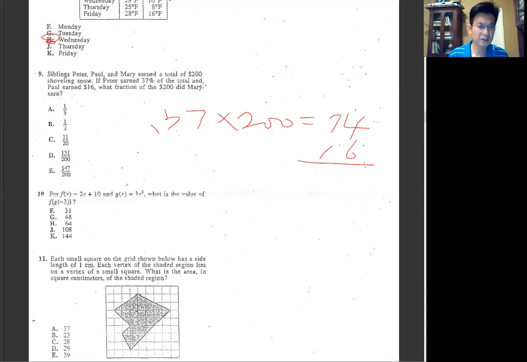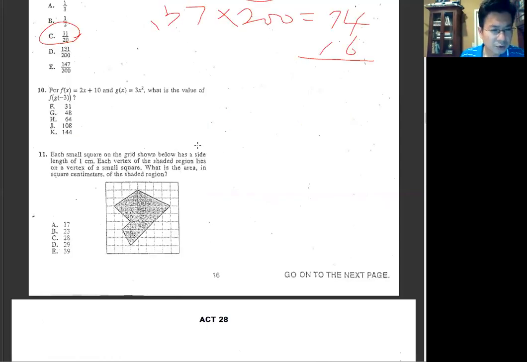So Mary earned $110, which is $110 out of 200. Next, the value of f of g of -3. So you're putting -3 here. 9 times 3 is 27. 27 times 2 is 54, 64.